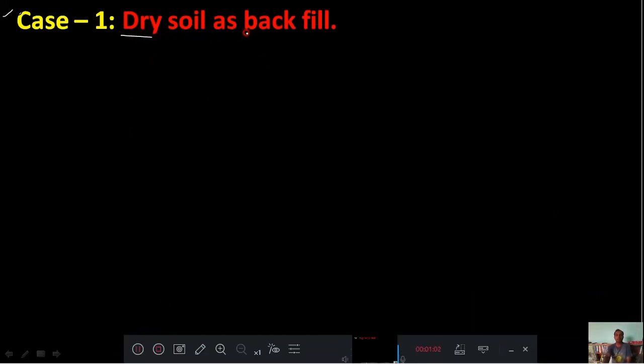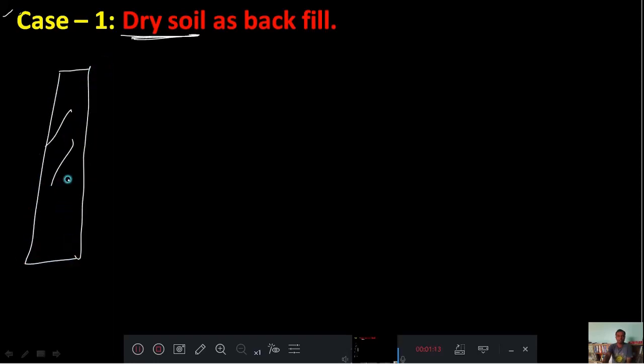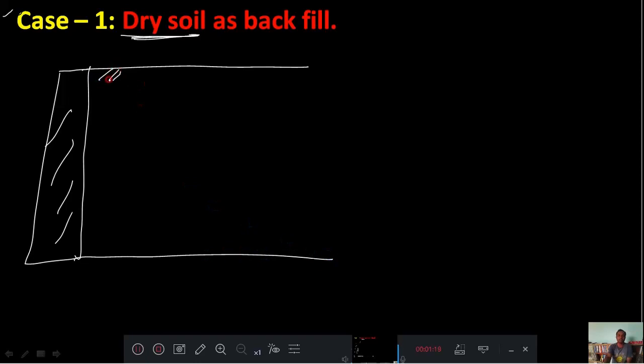Now look here, case 1: the backfill is dry soil. If this is a retaining wall, and this is your backfill, the soil is dry and, as per assumption, cohesion-less.